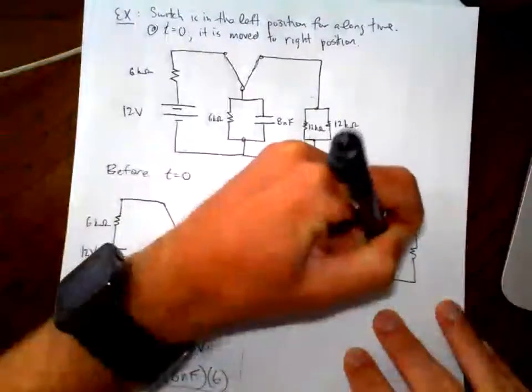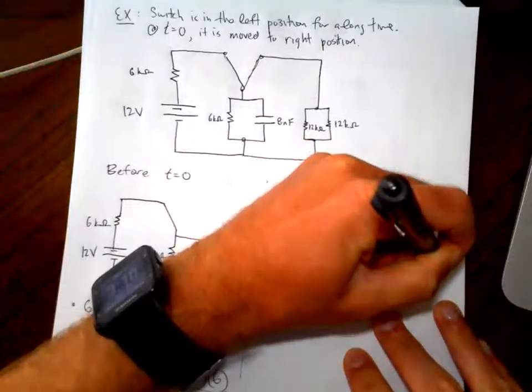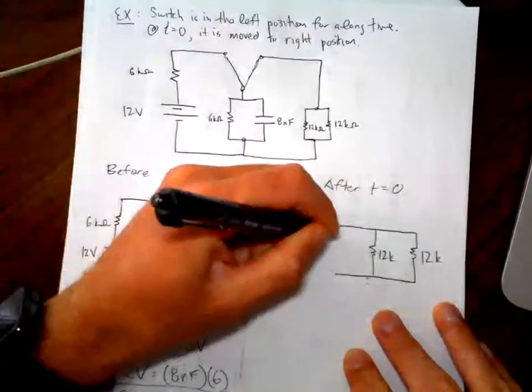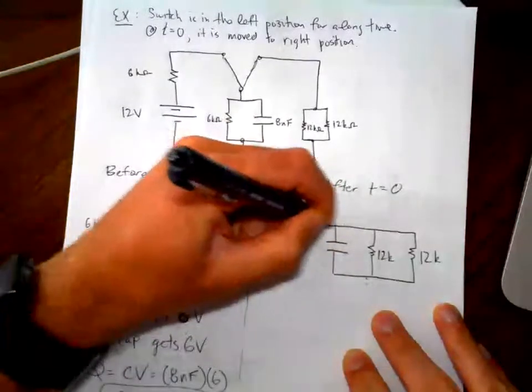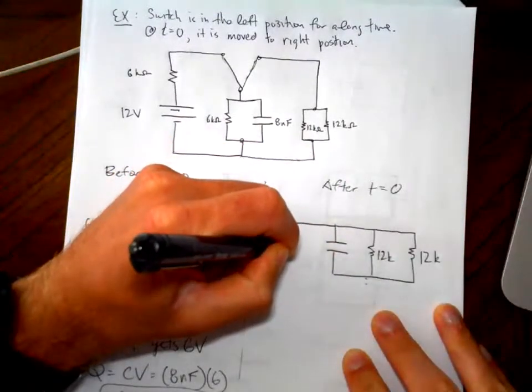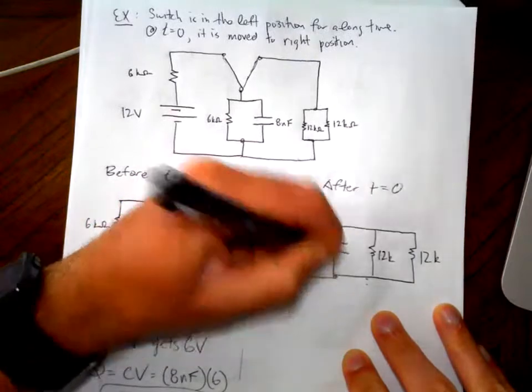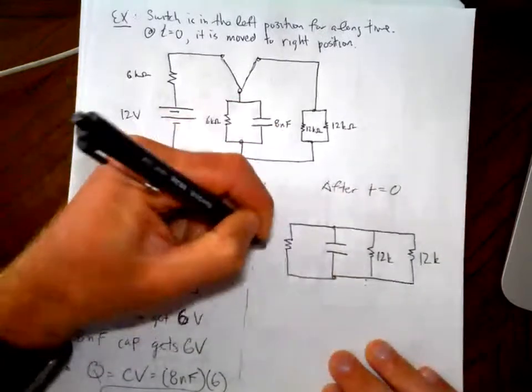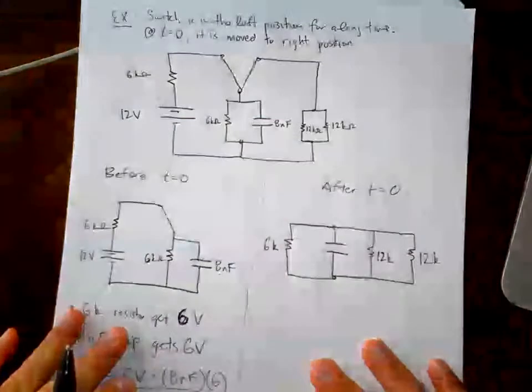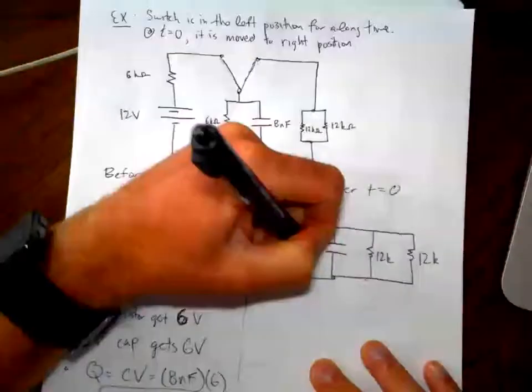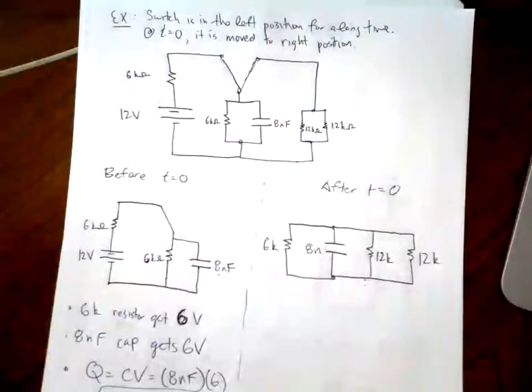So we have 12K, 12K, 6K and 8 nanos. Okay.